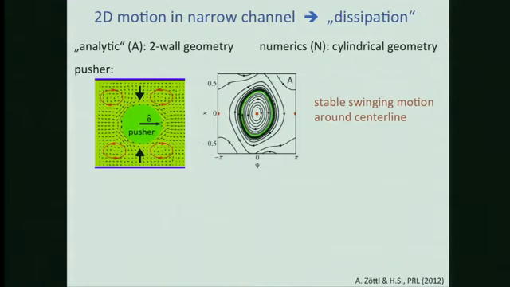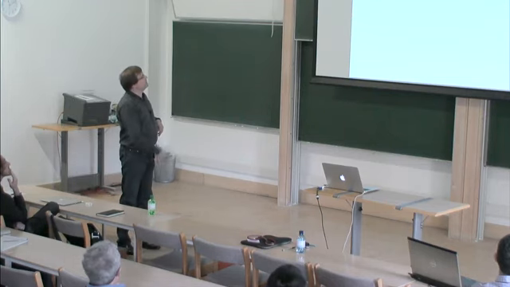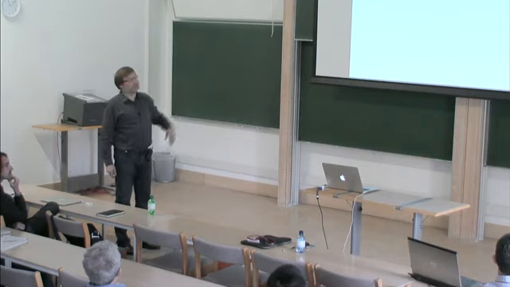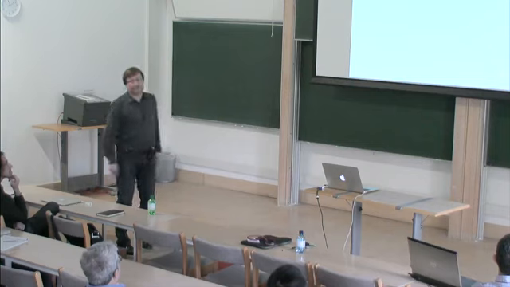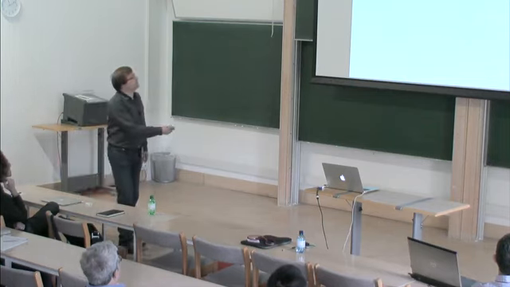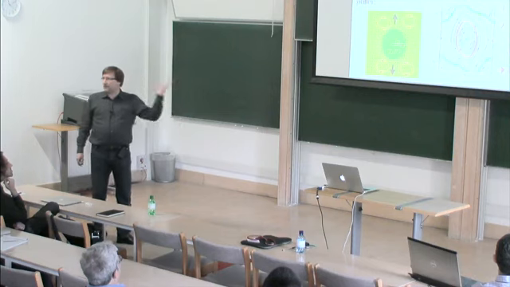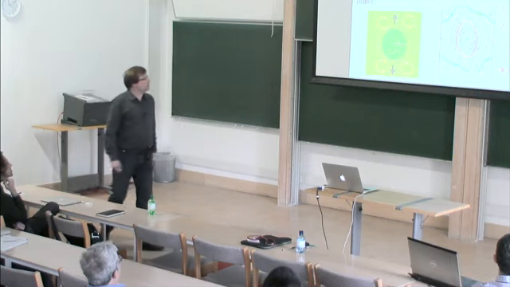We also did simulations with the squirmer. I will explain the squirmer in a few minutes. So here is how it looks. And when you do the simulation now in a cylindrical geometry, you get basically the same behavior. If you do the whole thing for a puller, it's different.